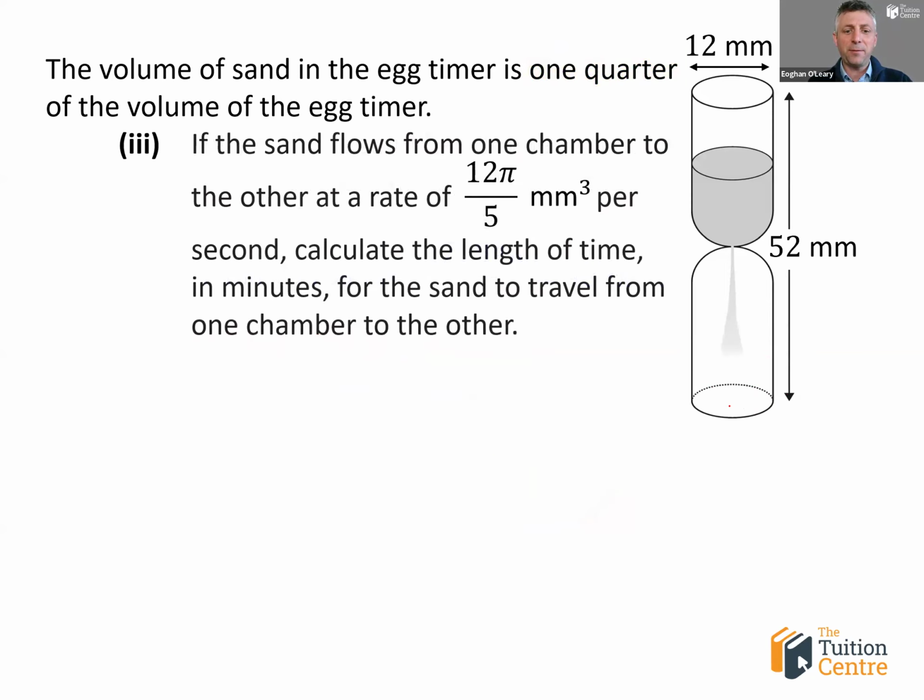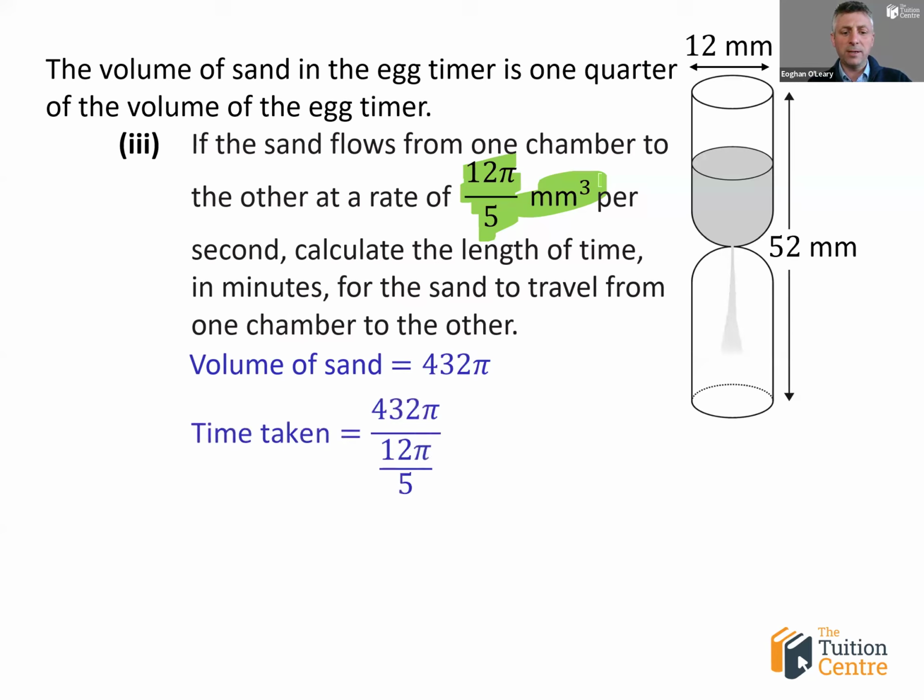If the sand flows from one chamber at a rate of 12 pi over 5 millimeters cubed per second, calculate the length of time in minutes for the sand to travel from one chamber to the other. Okay, well, we have the volume of sand. The time taken is equal to the total volume divided by the rate, so your total divided by the rate at which it's flowing out.